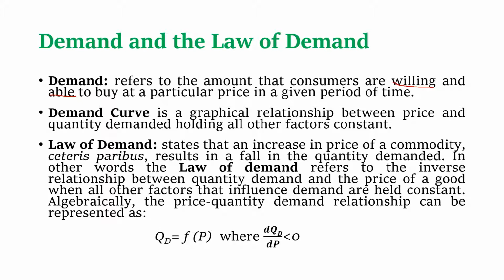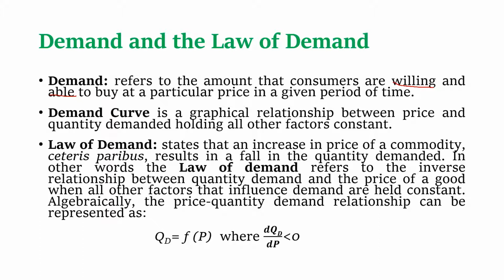If we don't hold all those other variables constant, it doesn't make sense to have the demand curve. It will be very difficult to have the demand curve. So that is why in economics, when we want to draw the demand curve, we have to hold all the other factors that affect demand constant. We assume that those variables are fixed.